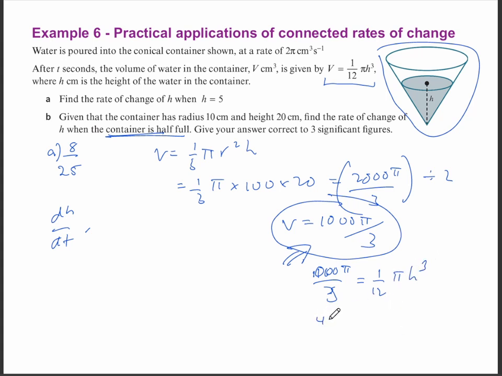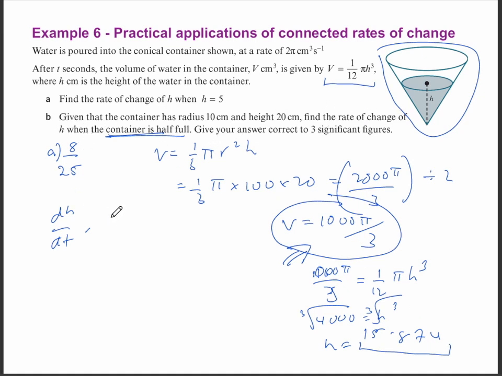This is going to give us 4000 is equal to h cubed, where you can cube root both sides, and you will get that h is equal to 15.874. So that is the height at which we want the rate of change of h.